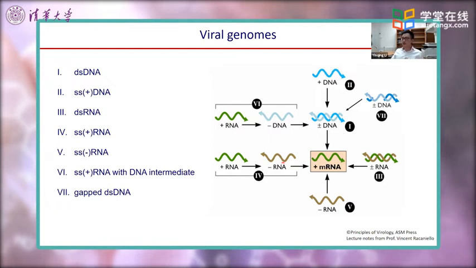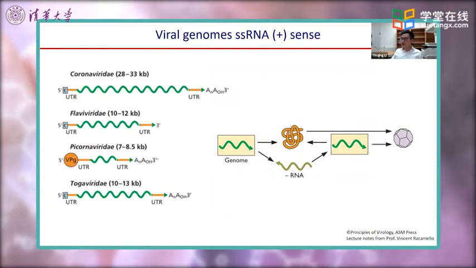And there are all other forms of viral genomes, which we're not going to touch on today. In the case of coronavirus, it is a positive sense, single strand RNA virus. Its genome itself can be used to directly produce viral proteins, serving as a messenger RNA, or, like we mentioned earlier, it can be used to generate the negative sense, complementary genome RNA, which can be used as a template to regenerate the genome.